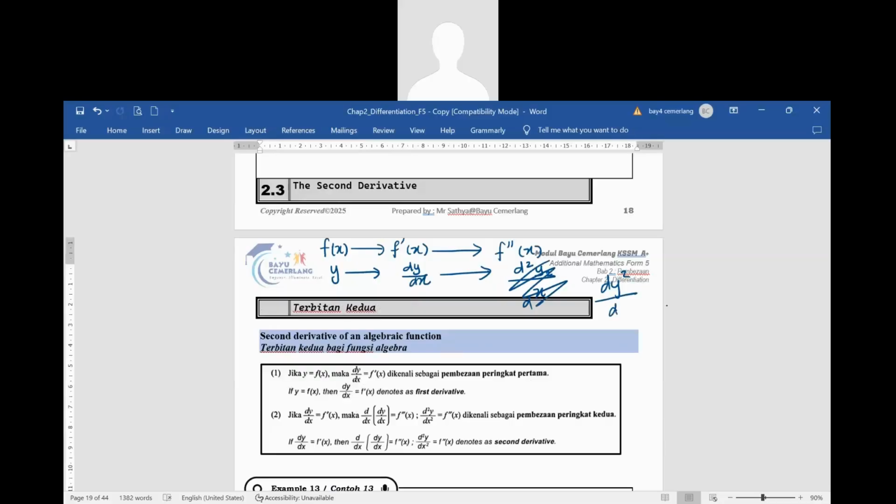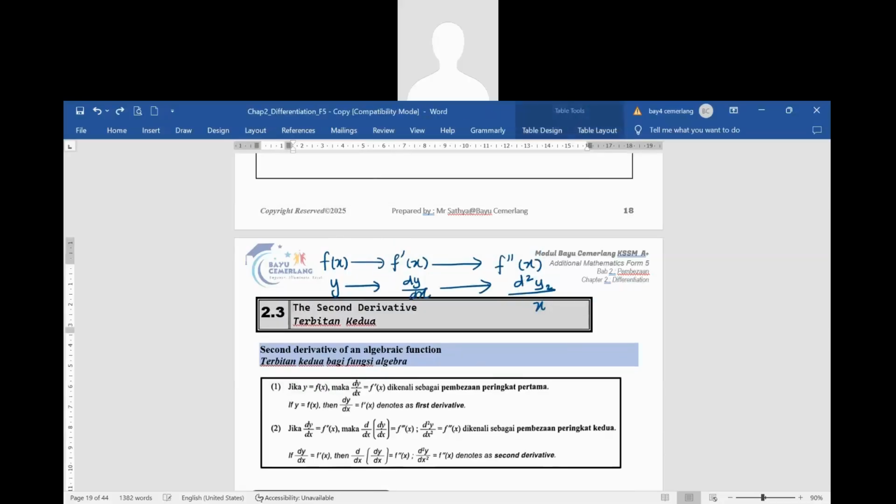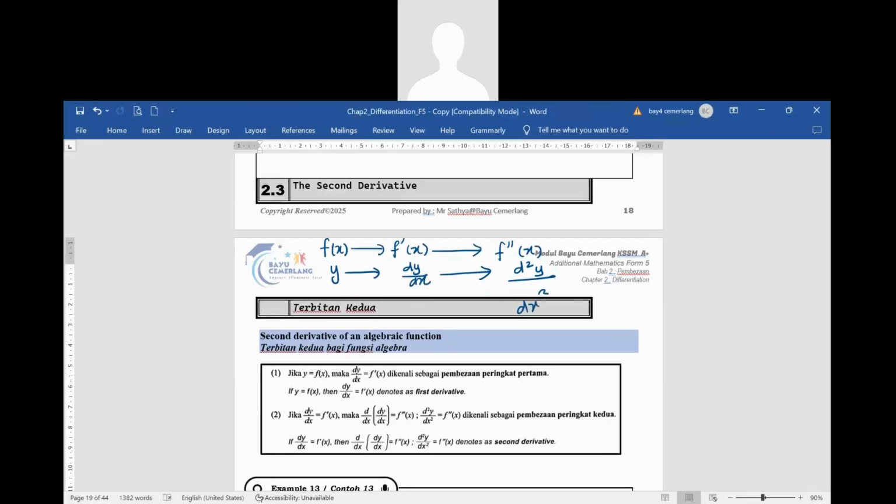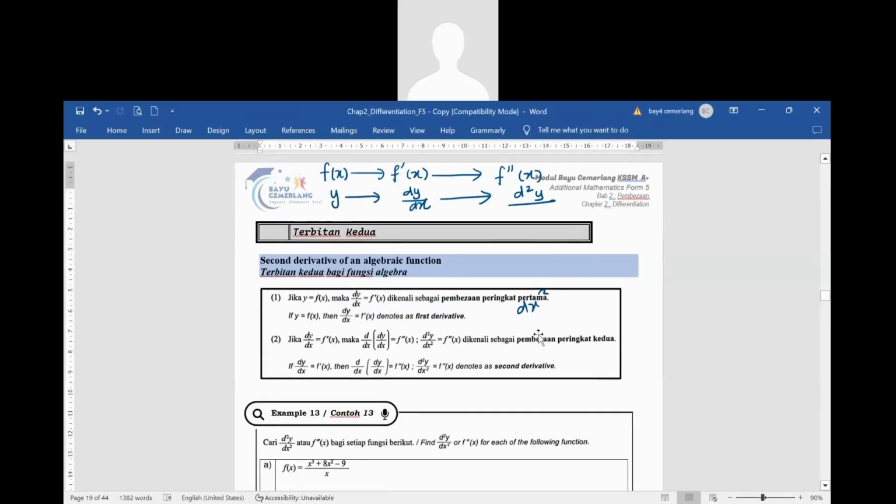Okay, d square y dx square lah. I don't know why it's run like that. Okay, so these are the symbol you need to take note lah. Okay, kalau dia cakap second derivative f prime prime ataupun d square y lah, kena ingat yang tu. You differentiate twice.